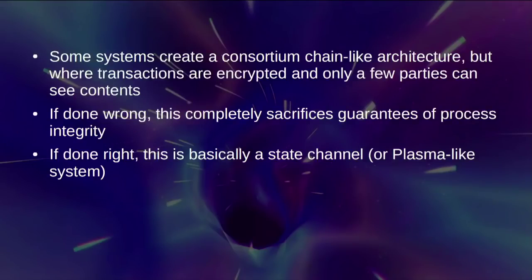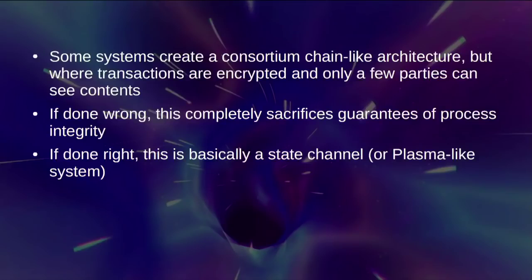Now, if you do this wrong, then you're basically completely sacrificing guarantees of process integrity, because you might have situations where any particular process could be affected by some encrypted transaction that happened somewhere else, and this transaction is one that you don't have the key for, and later on it turns out that everyone accepted this transaction, but this transaction just does something that completely mismatches with something that happened by some other transaction that happened to be encrypted under a different key.